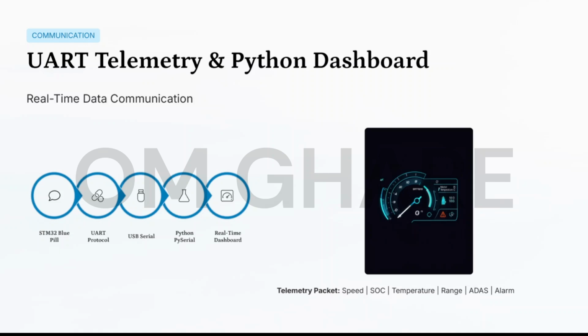Finally, these values are displayed through a real-time dashboard, allowing the user to monitor the vehicle graphically instead of just interpreting raw serial data. At the bottom of the slide, you can also see an example of the telemetry packet, which contains an important parameter transmitted by the STM32. This communication pipeline demonstrates how embedded firmware and desktop software work together to create a complete real-time monitoring system.